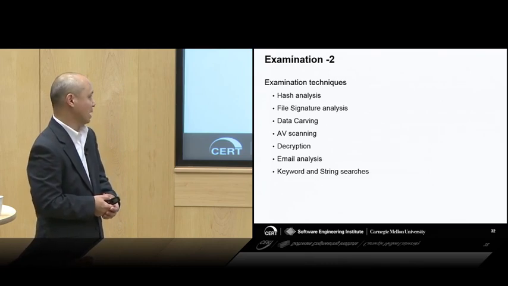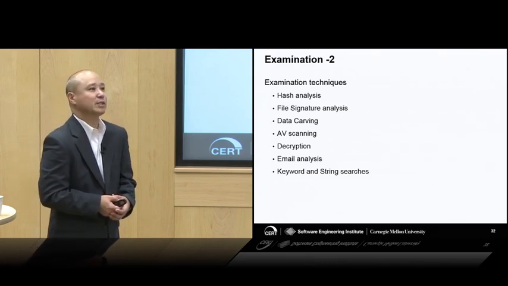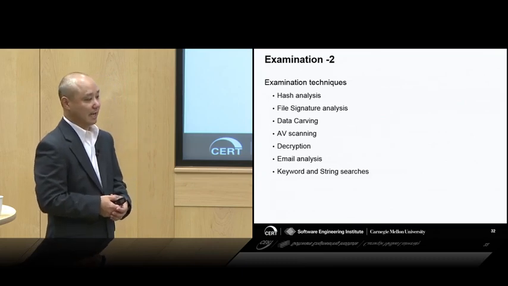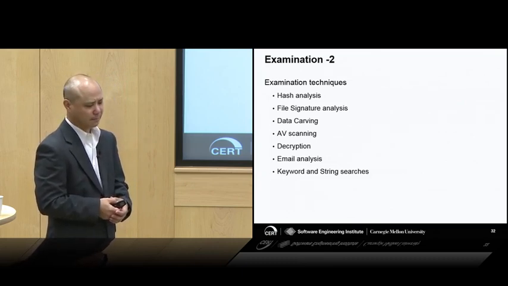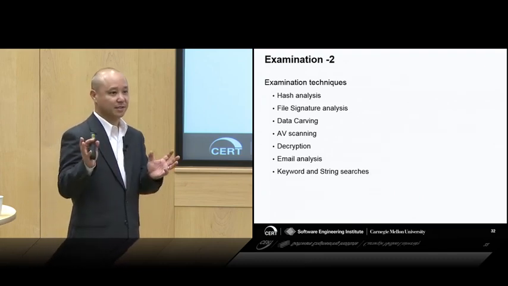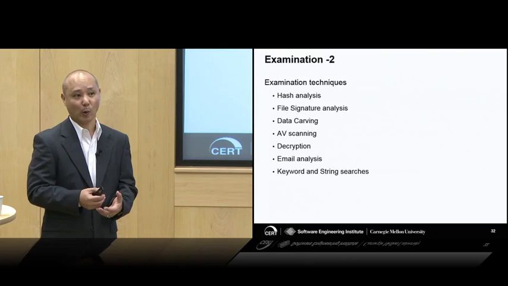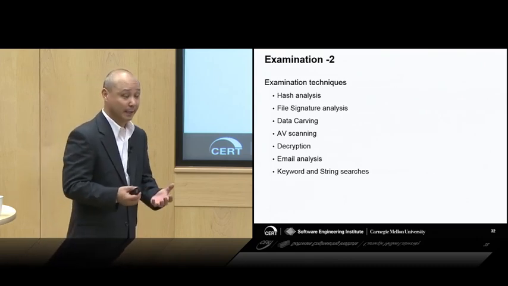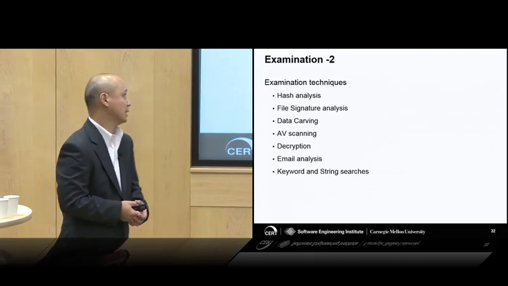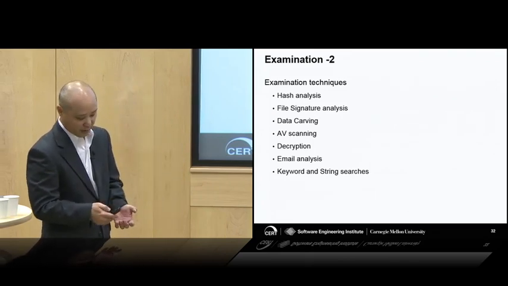If you know an incident involves, I'll just pick Excelsior, as the code name of a very important project at your company, then maybe you should be looking for Excelsior type documents. That sort of thing is what we're talking about here.